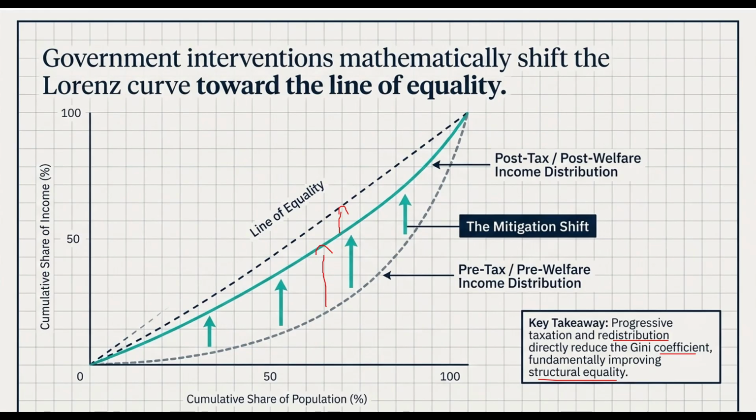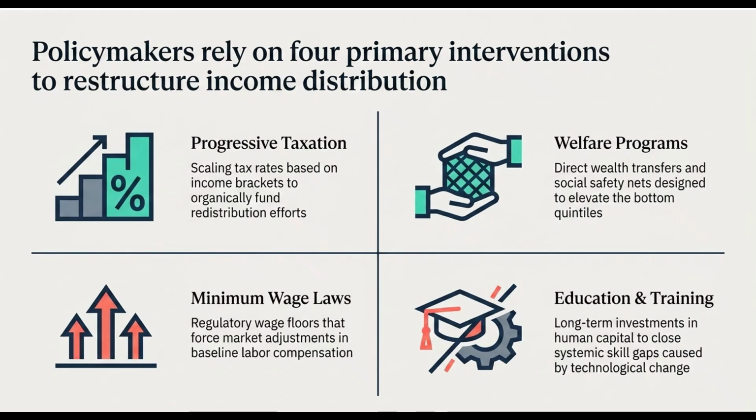Okay. Now let's see the policy solutions. So government rely on several major policy tools to improve income distribution. So the first one is progressive taxation, where higher income individuals pay higher tax rates and this helps fund social programs. Okay. Next we have welfare programs. So what are welfare programs?